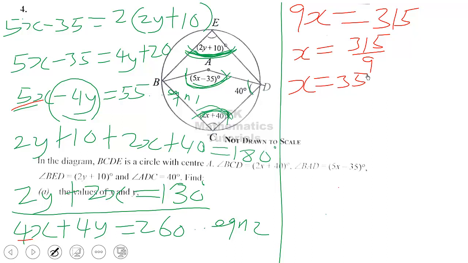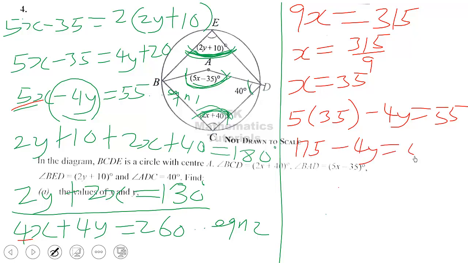Then to find y, we can put x into any of the equations. I'm going to choose equation 1 because the coefficients are not that big. So put x equals 35 into equation 1, and that will give you 5 times 35 minus 4y is equal to 55. So let's see. 5 times 35 will give you 175 minus 4y is equal to 55.